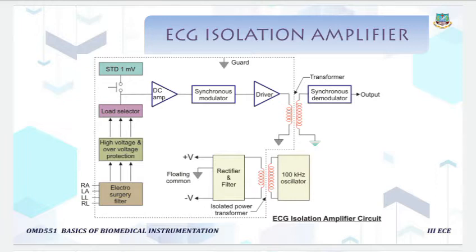The secondary winding of the transformer along with the rectifier and filter circuit is used to obtain the isolated power supply of plus or minus 6 volt for operating the device in an isolated portion.